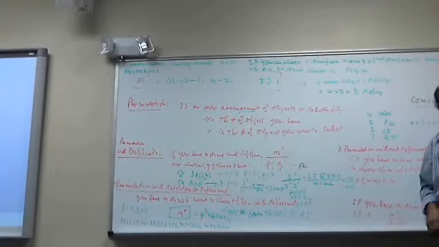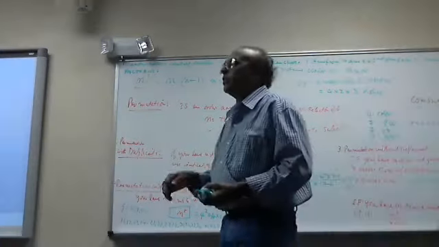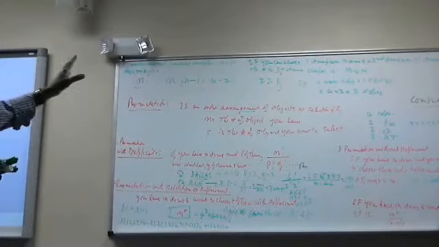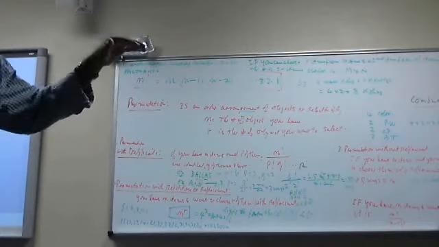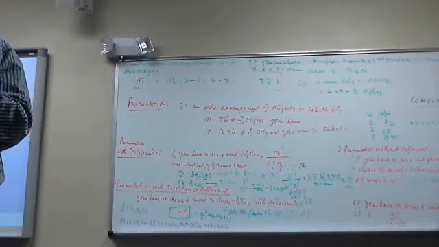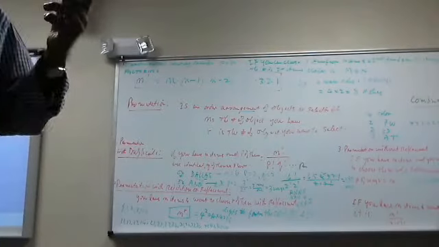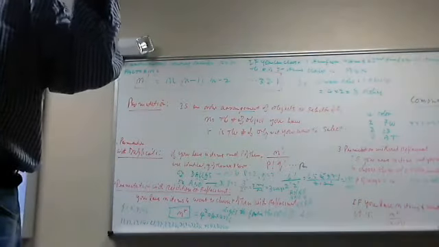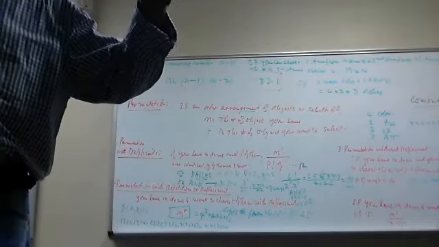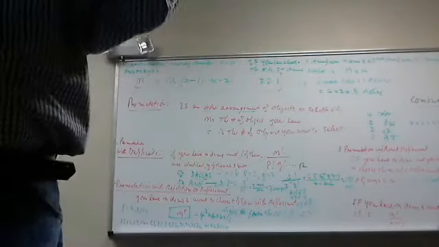I know our time is moving, and you need to solve those problems, but I want to make sure that these definitions, formulas, and concepts are well taken and explicitly understood, especially the differences between permutation and combination. In solving the problem, you have to know whether the problem asks for ordering of the items or whether ordering of the items is not important.